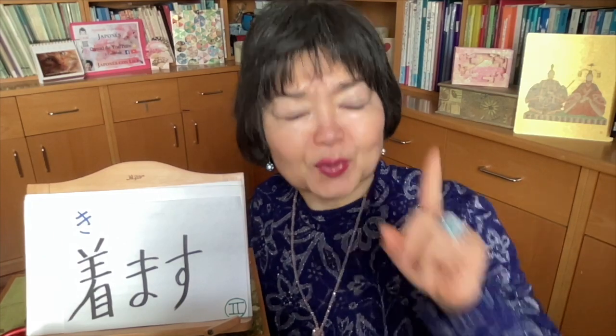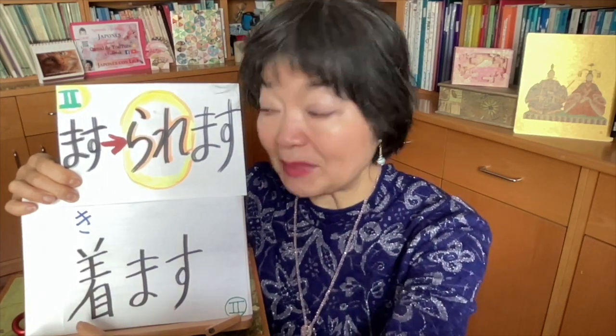But there are some exceptions, where the sound is e, so it seems like group 1, but they are the second group. And I already made a video about this. It is grammar video number 60 of Noken JLPT N5. And there I explained all of these verbs. So you can watch that video.